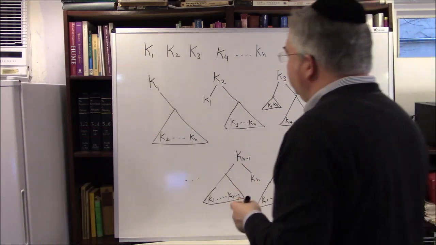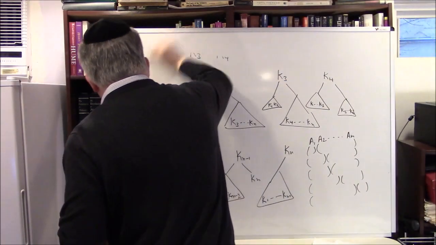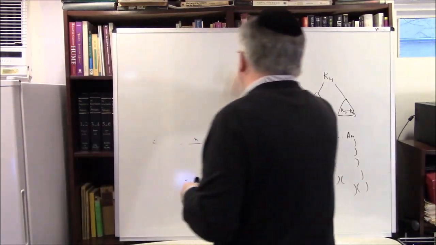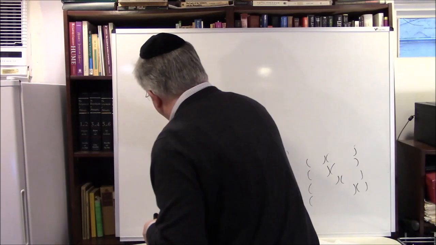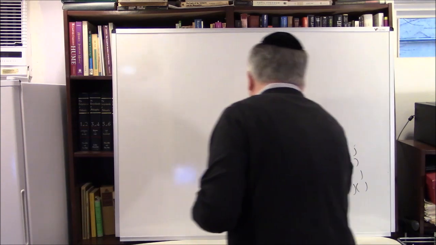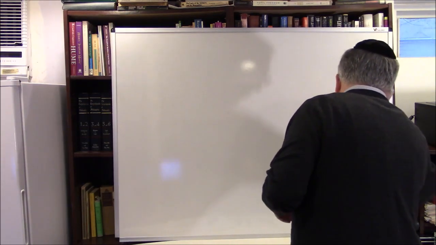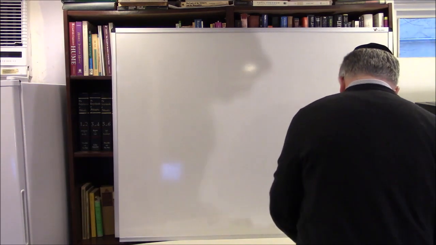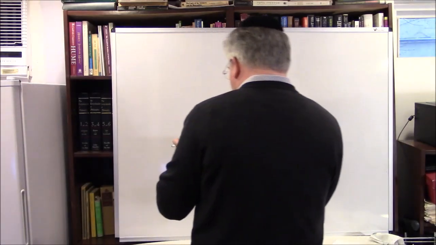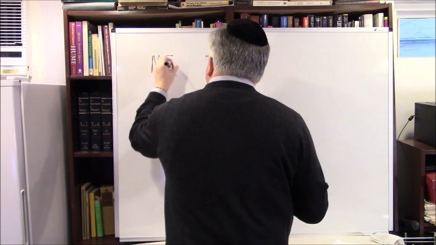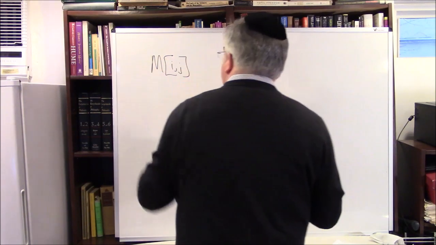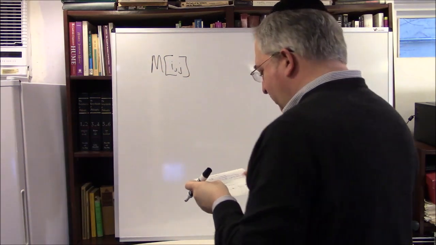Okay, how do we do this? The way we do this is, as we do in all dynamic programming, we're going to set up a matrix. And the matrix is going to be called M. Okay, and we're going to set up Mij. Mij asks the following question.